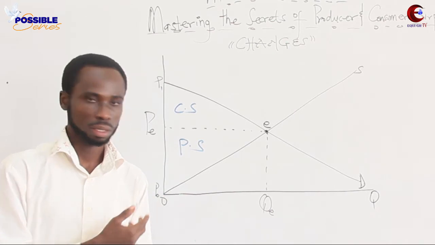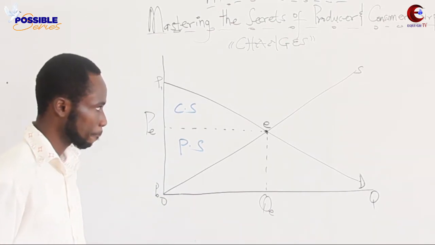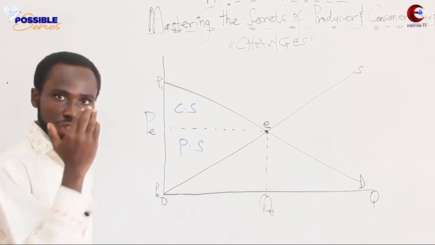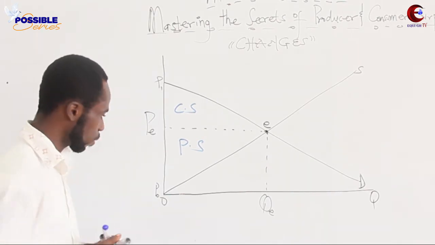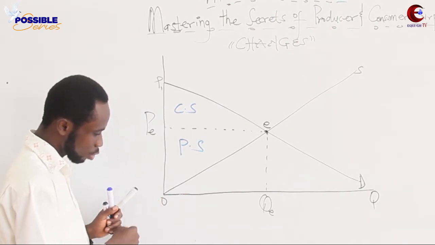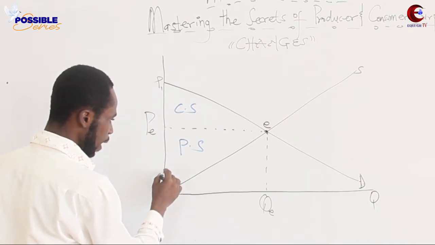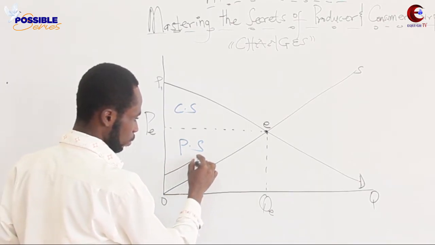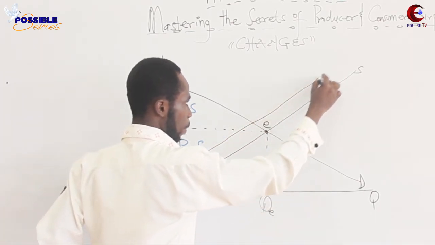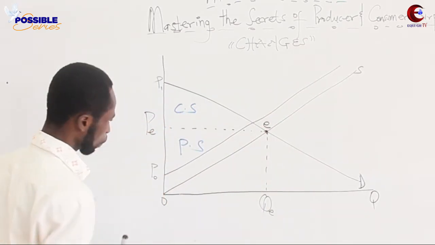Now, having understood this one, we are trying to add some changes to the curves. Now, assuming that there is a change in supply curve, whereby supply curve is moving from zero to here, to P1 or P0.